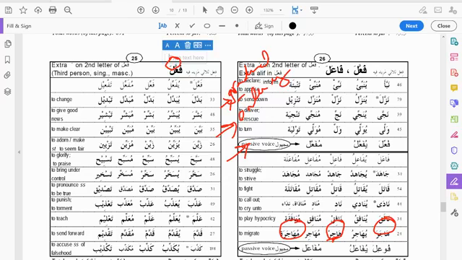Now you could see the pattern right there. 'Allama yu'allimu, qaddama yuqaddimu, kadhdhaba yukadhdhibu.